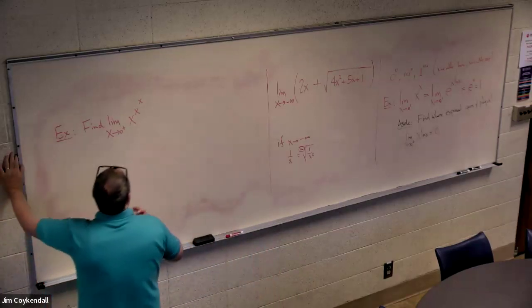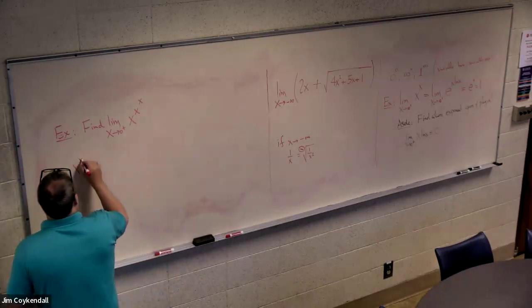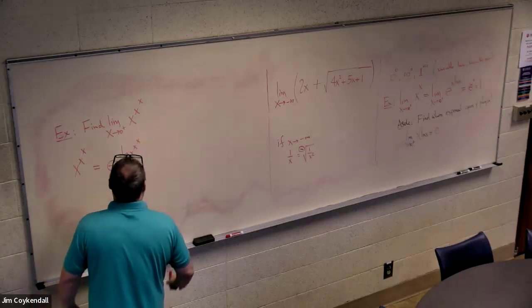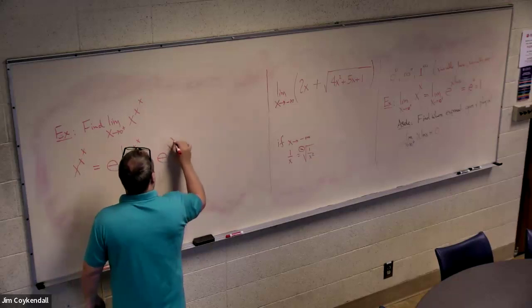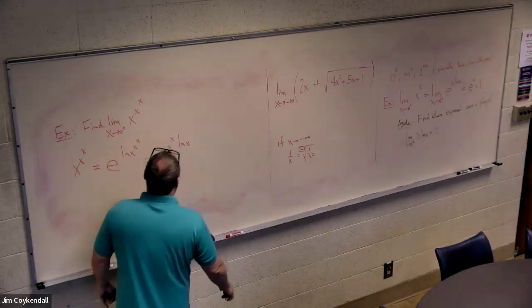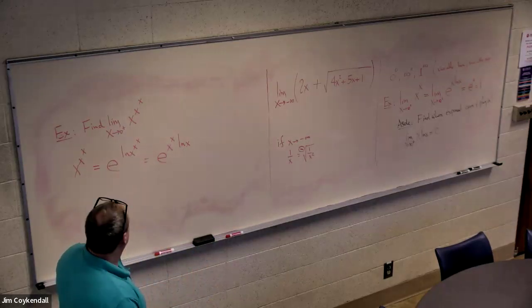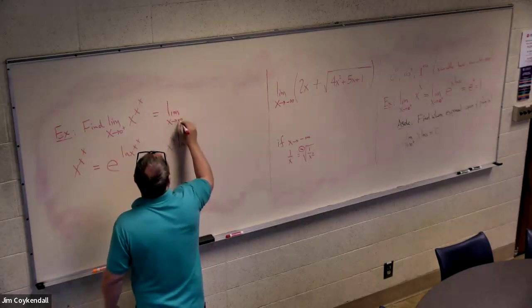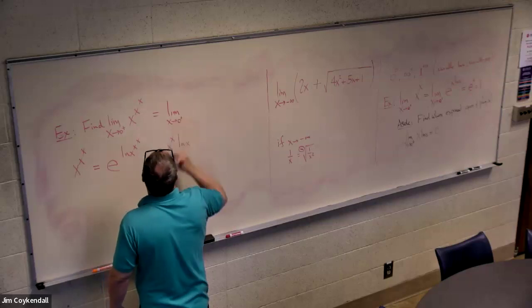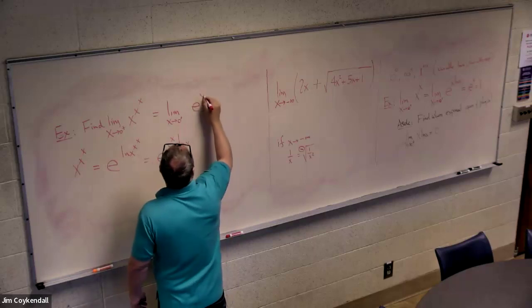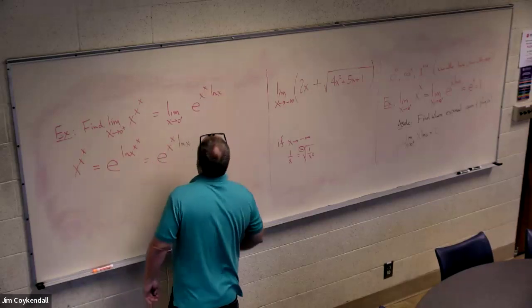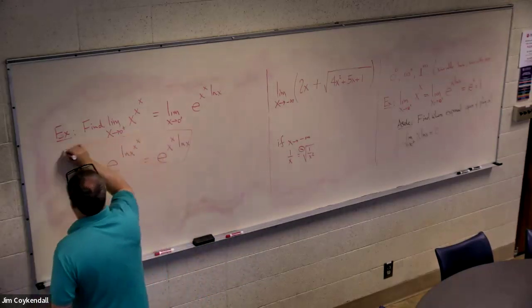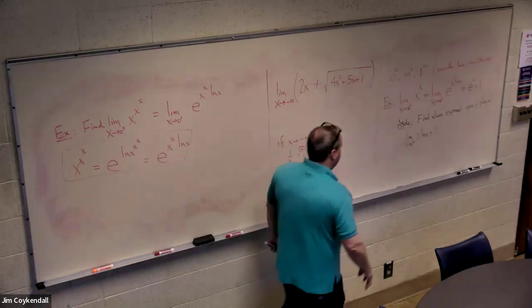I'm going to use the previous example. So this is the limit as x goes to 0 from the positive side of e to the x log x.